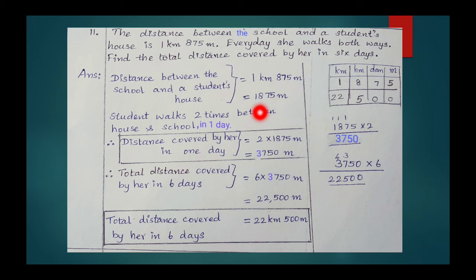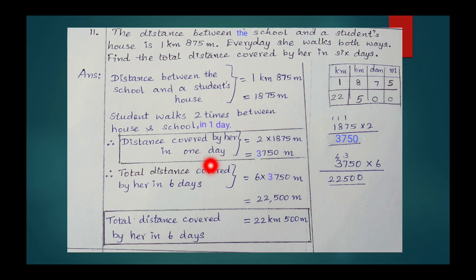So a student walks 1875 meter in 1 way, but the student walks 2 times between house and school in 1 day. So the distance covered by her in 1 day is 2 times 1875 meter, which is 3750 meter. Calculation is here.